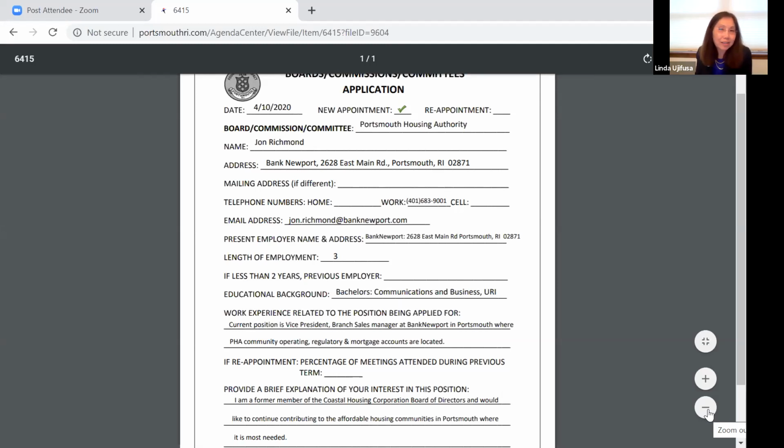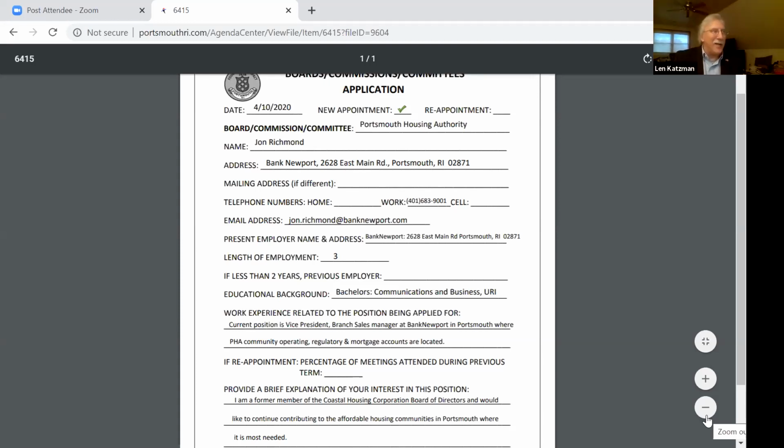Mr. Chair, could I? Mr. Katzman, go ahead. Yeah, the applicant is a senior member of the branch. He's a vice president, where he's directly involved in regulatory mortgage accounts.